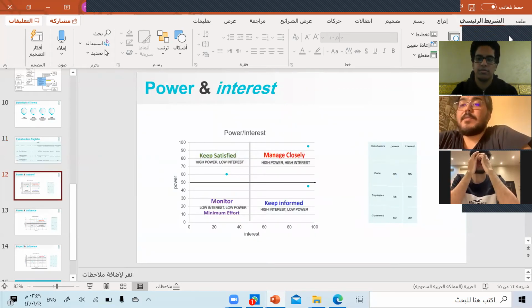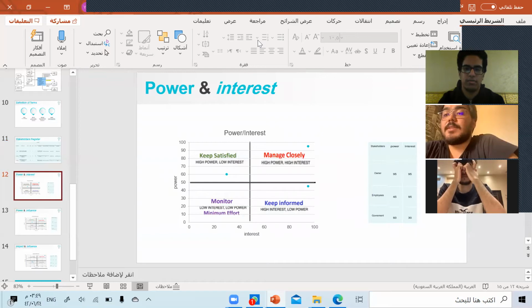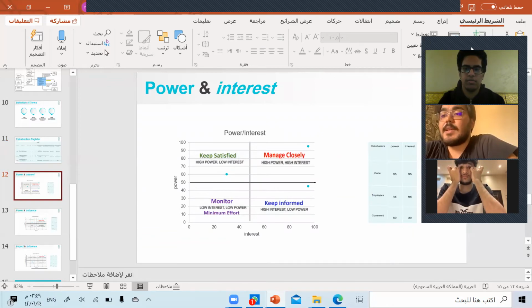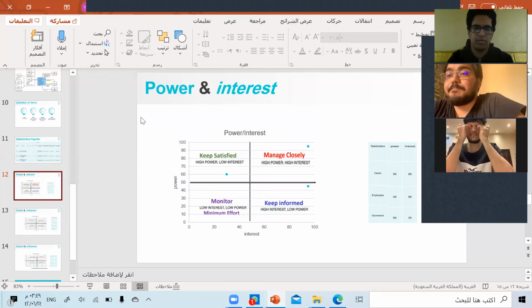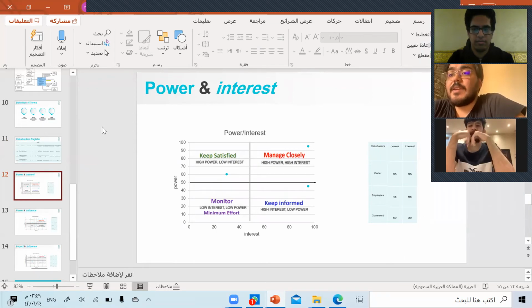Okay, here we have the relation between power and interest. As you see here on the right-hand side, the power for the owner is 95, and the interest is also 95. Before we talk about these numbers, we will divide the chart into four quarters. The first one is manage closely. The second one is keep satisfied.